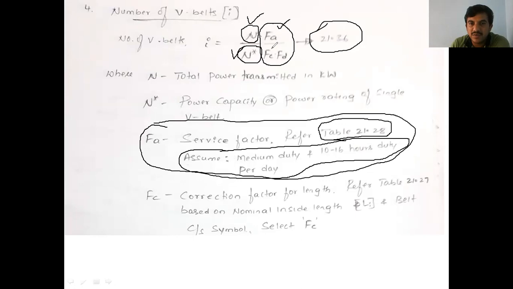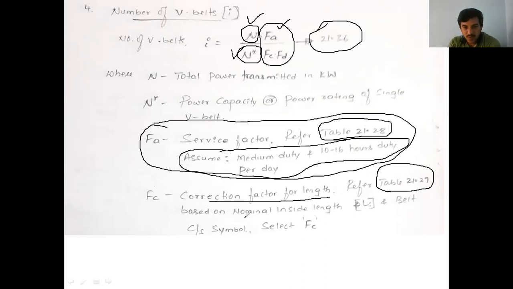After the FA value, how to calculate FC? FC is the correction factor for length. But we don't know the length of the belt here. Then how do you determine the correction factor for length?